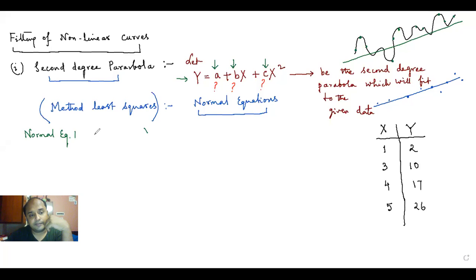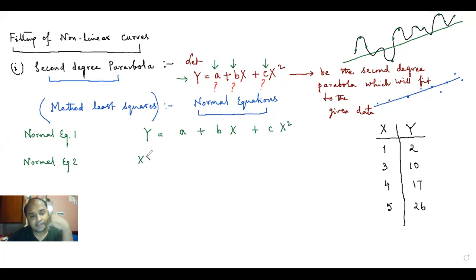Normal equation 1. You will write the equation as it is: y equals a plus bx plus cx square. Normal equation 2. You multiply both the sides by x.